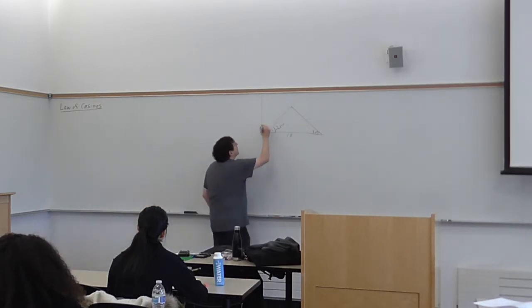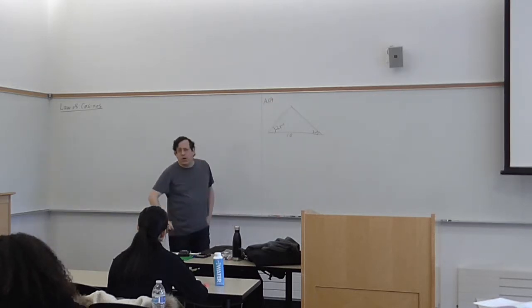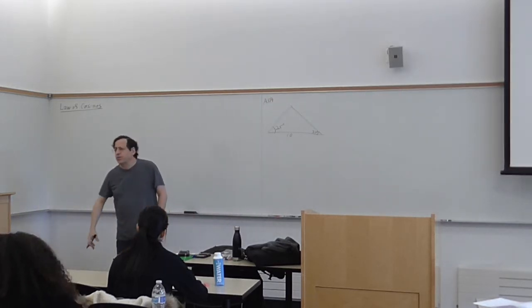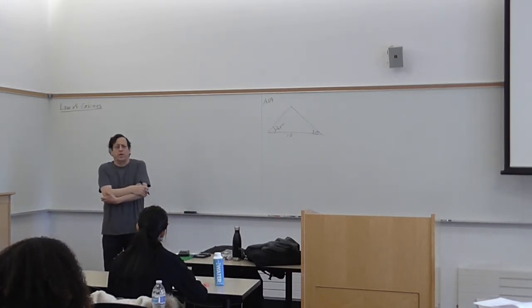So this is angle side angle. So how am I going to go after this? Finding the other 3 missing parts. How would I do that?